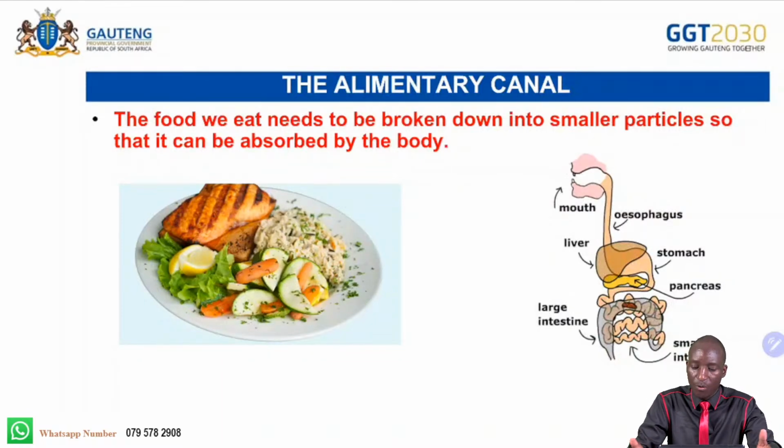Then the end products, which means the ones that have not been digested by the digestive system, are taken out as waste material. As you can see, it goes out of the body through the anus. So that's what happens to the food that we take in.